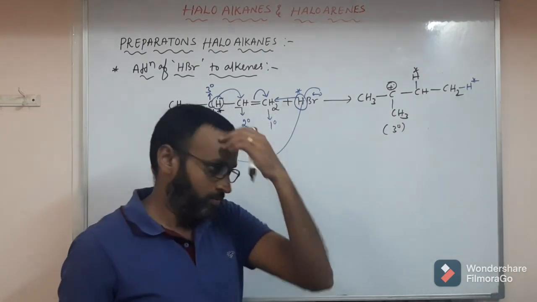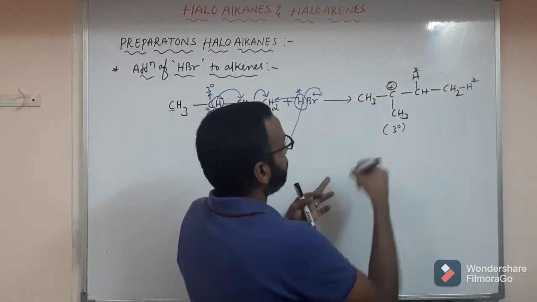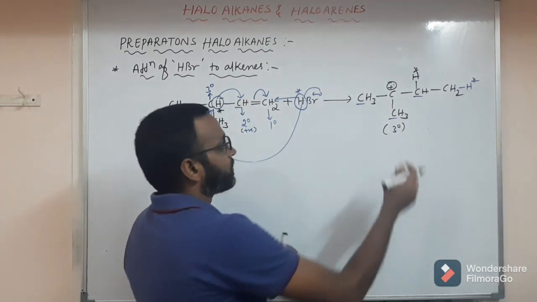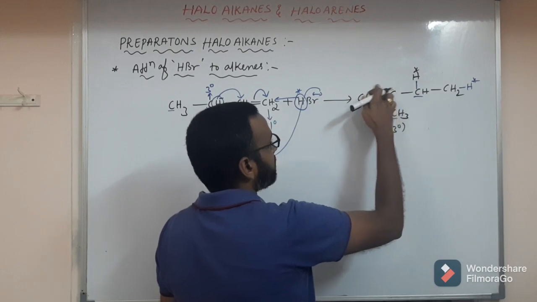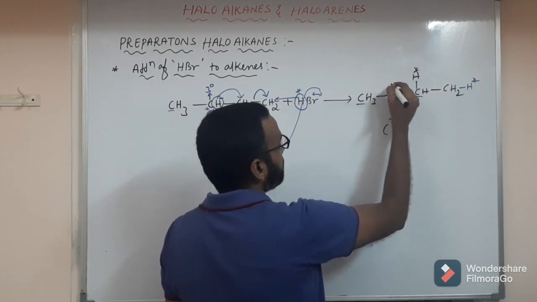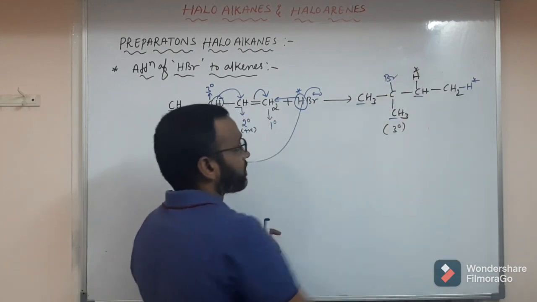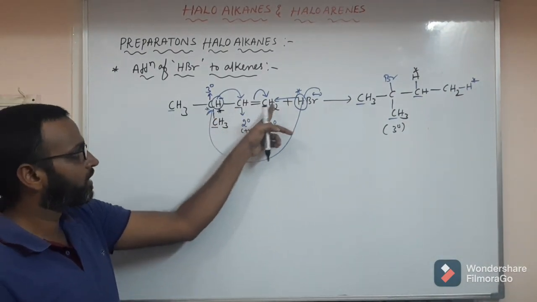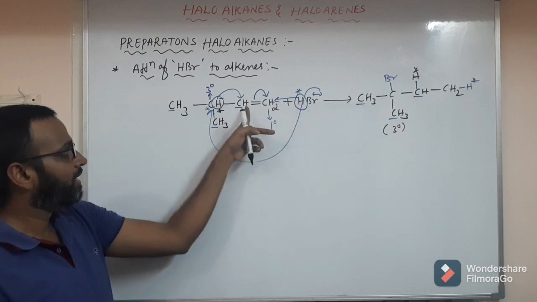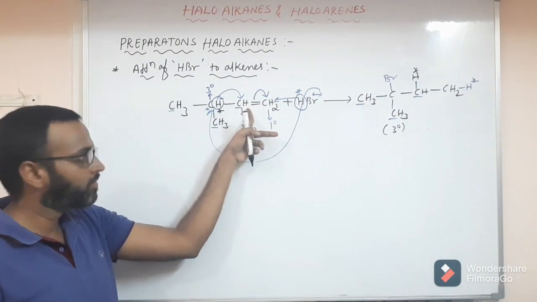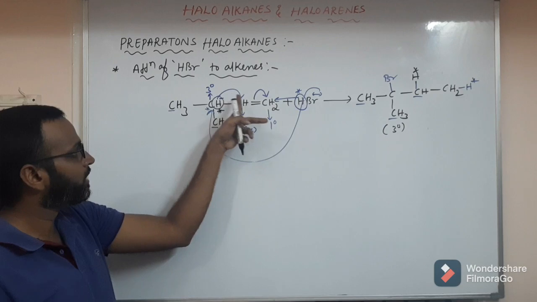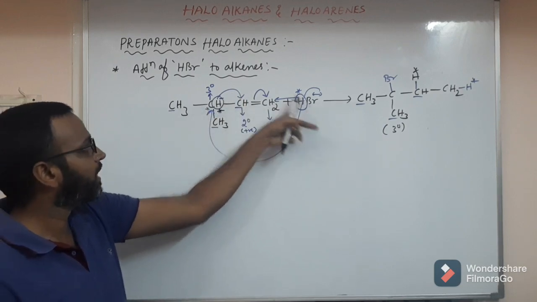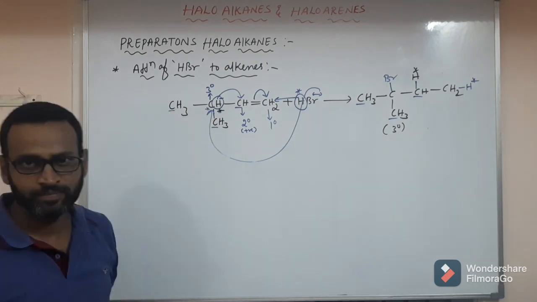Tertiary, because this carbon has 3 carbons surrounding it. So this positive charge will be cancelled and now Br minus will come over here. Understood? So first hydrogen added over here, and here you have a secondary carbocation, and this H as H minus shifted over here, so that you have a tertiary carbocation, so Br minus added over there.